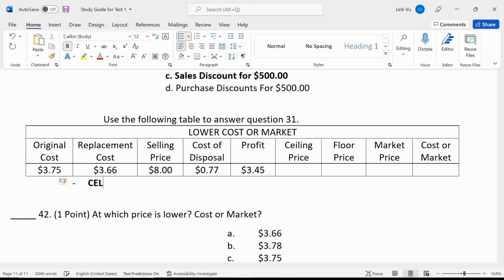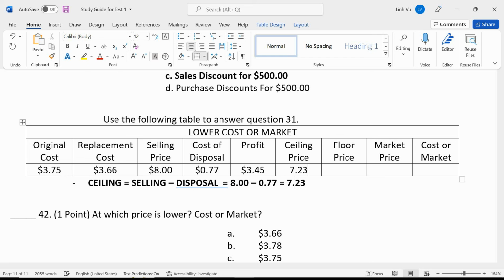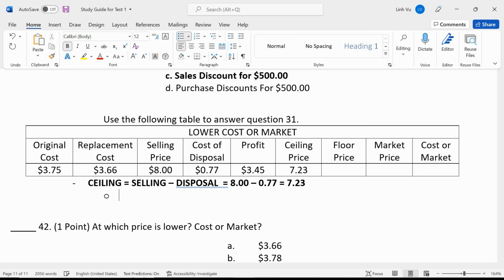We subtract the cost of disposal from selling price. So, selling minus disposal. So, what do I get here? $8 minus 77 cents, which gives me $7.23. Okay? How do I solve for the floor?